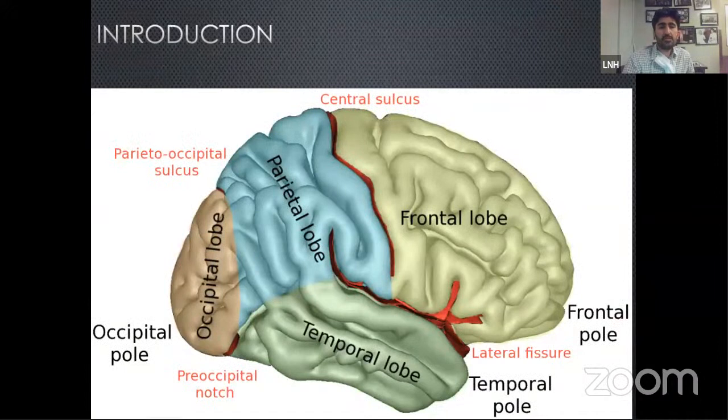Now, this occipital lobe is separated from the parietal and temporal lobe by an imaginary line, which is drawn from the parieto-occipital sulcus on the superolateral border down to a notch which is present at the inferior border of the brain.